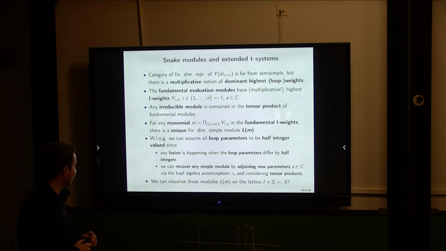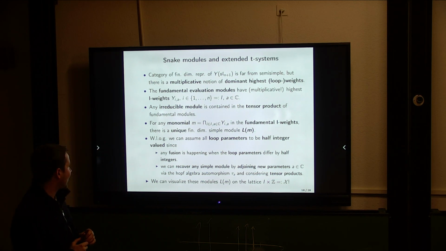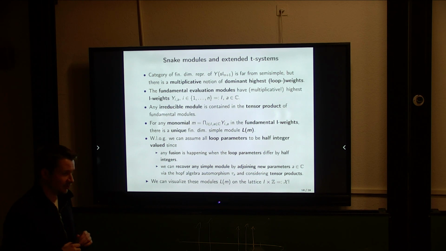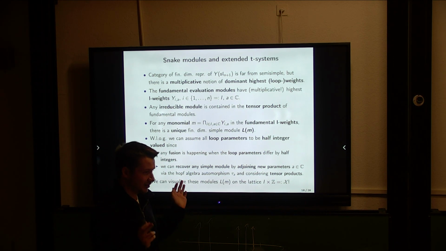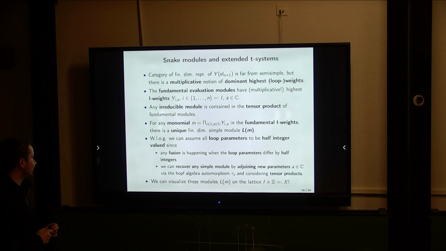They are called loop weights, and the fundamental evaluation modules have the multiplicative highest l-weights Y_{i,a}. These are just some indeterminates Y, and they are multiplicative.